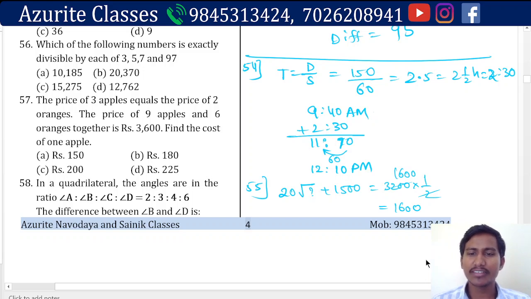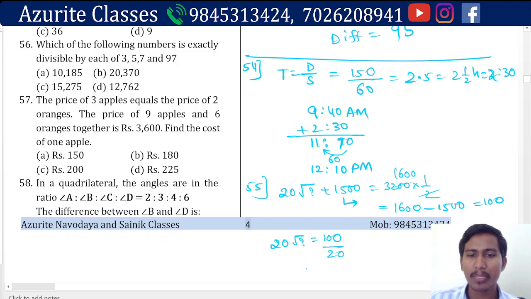Okay now, so then what we have to do here? 1600 means, here you take this 1500 to that side, 1600 minus 1500. It will be 100. So 20 root of question mark will be 100. You take this 20 to that side, it will divide by 20.